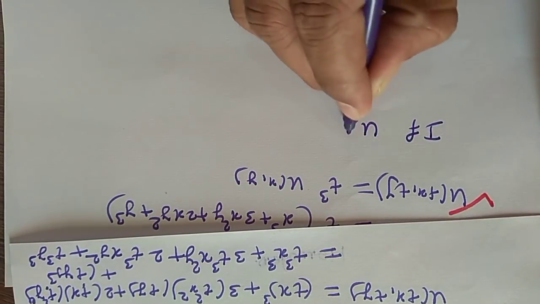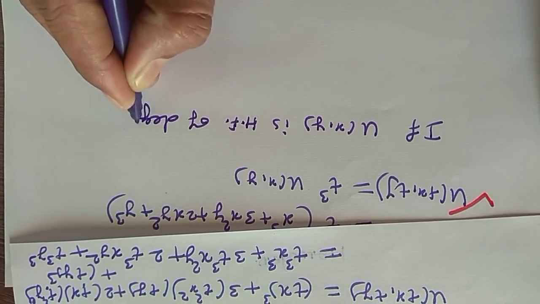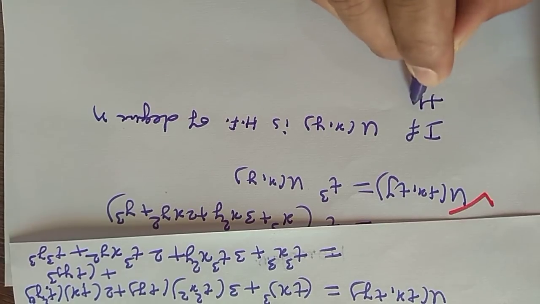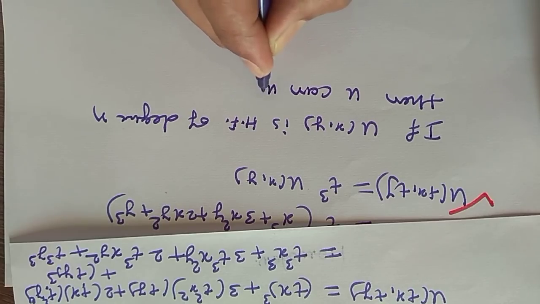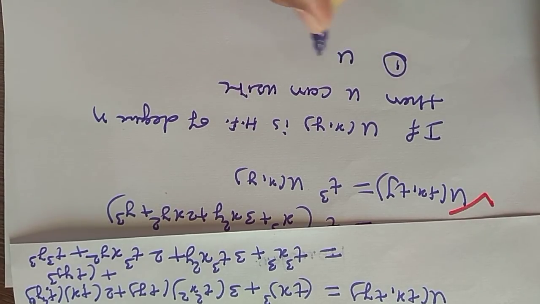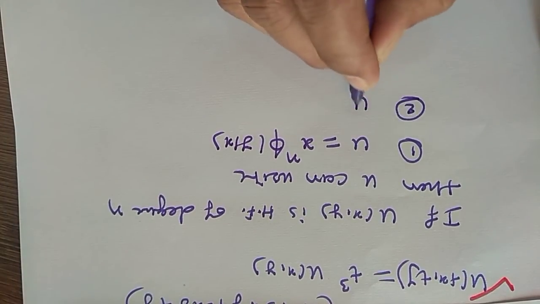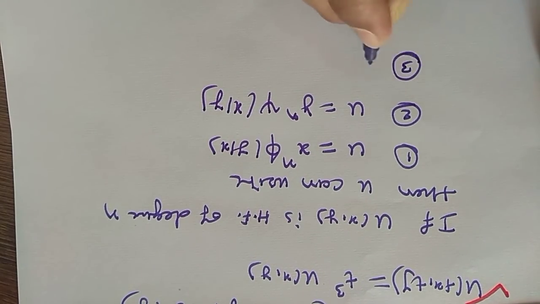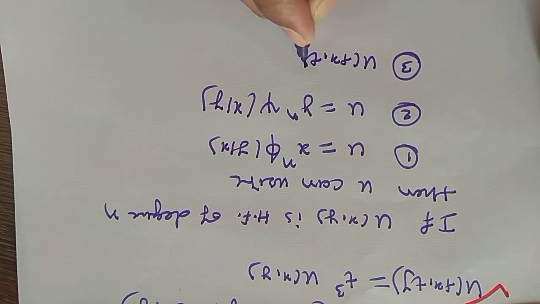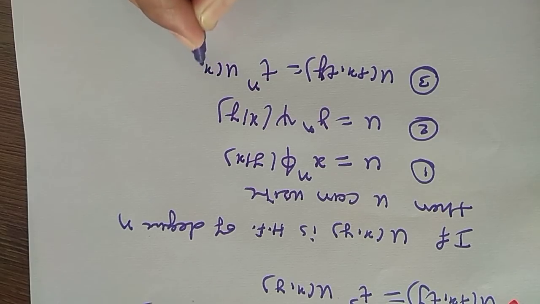If u in x and y is a homogeneous function of degree n, then you can write, number 1, this u in this way also: x raised to power n phi of y by x, or y raised to power n psi of x by y, and also u of tx, ty is equal to t raised to power n u of xy.